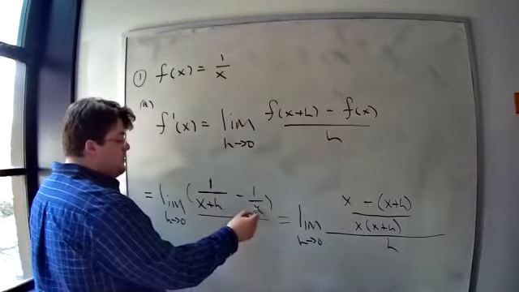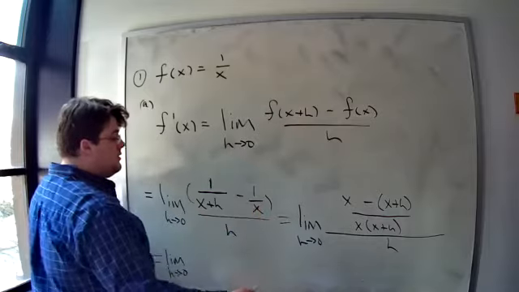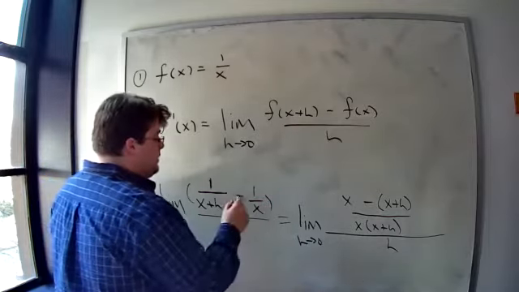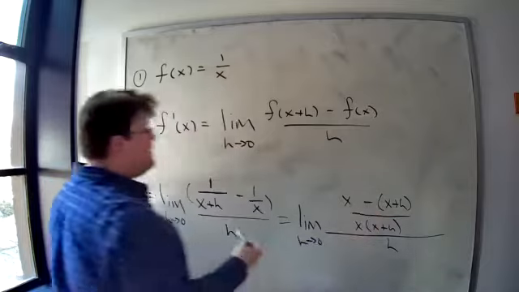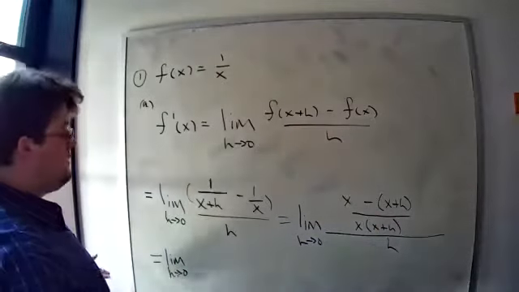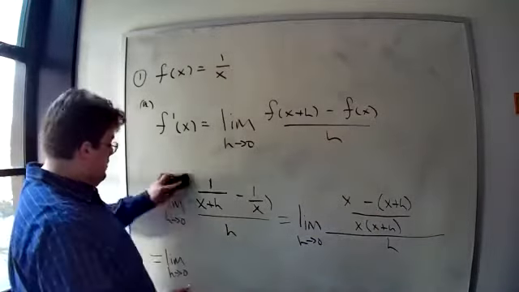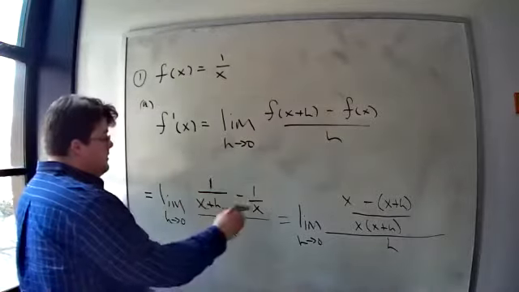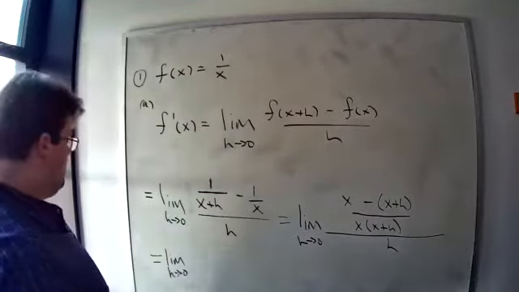To get the common denominator on this piece, we need another x plus h. So we have 1 times x plus h with a negative, which gives us this negative 1 times x plus h, times all of x plus h. So the common denominator here is that product.